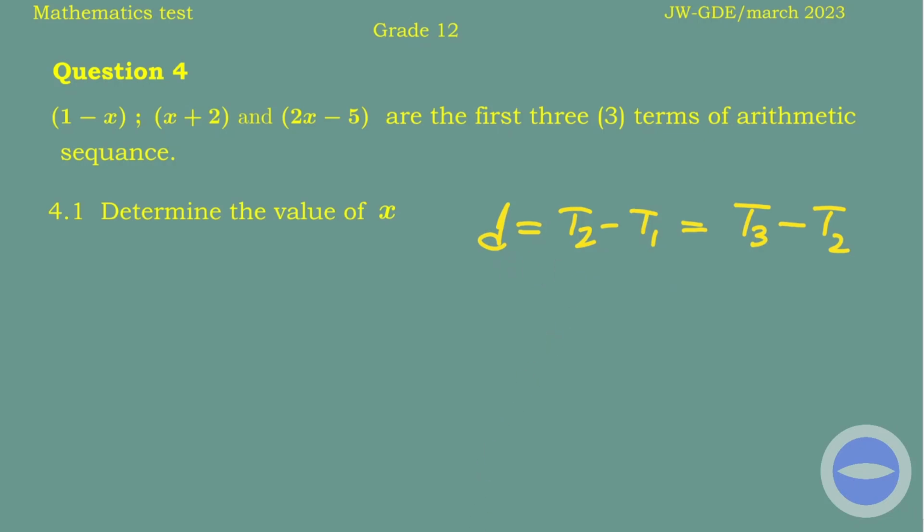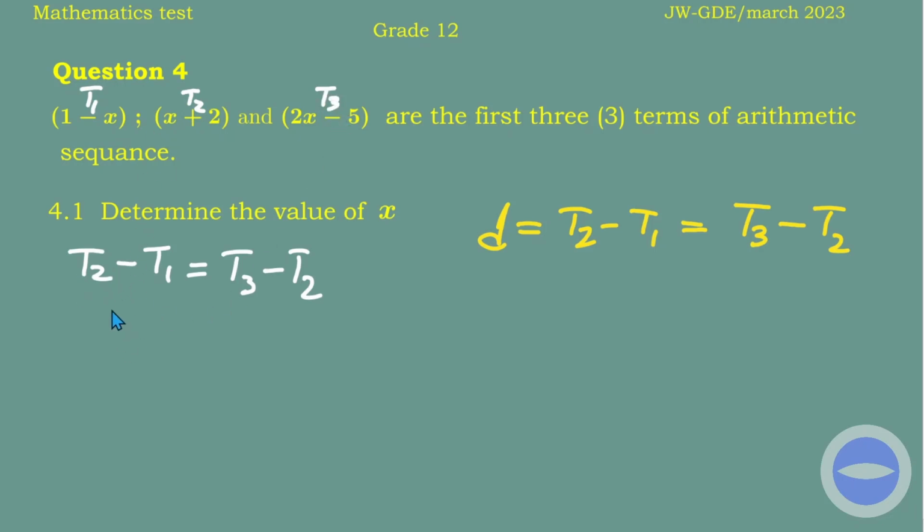So what I will do, I will substitute these values into this equation. I'll say t2 minus t1 equals t3 minus t2. Then from our pattern, this is t1, this one is t2, while this one is t3.